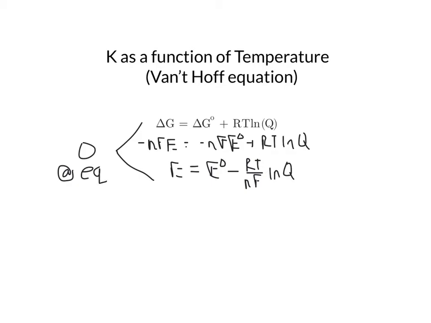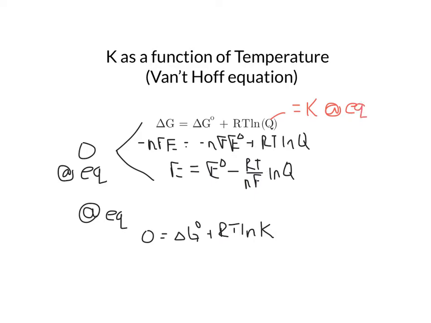And so we see that at equilibrium, we can write that 0 is equal to delta G naught plus RT natural log of K in this case, because at equilibrium, Q is equal to K. So we can rearrange this equation to write that delta G naught is equal to minus RT natural log of the equilibrium constant.